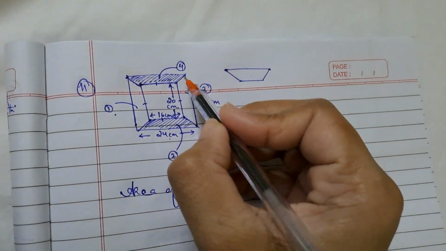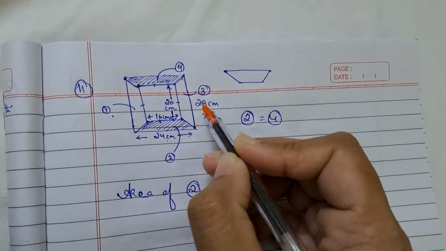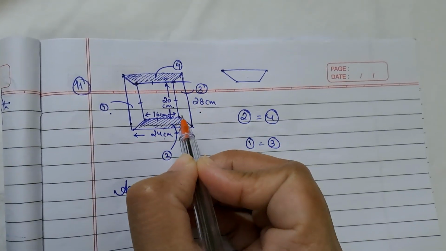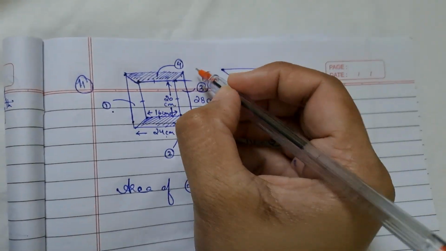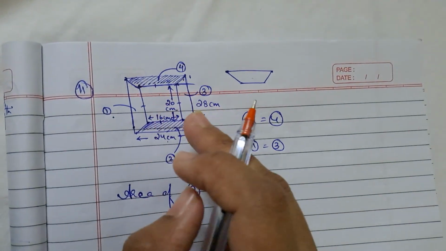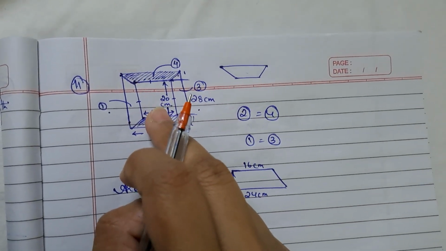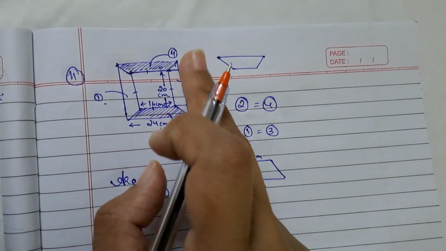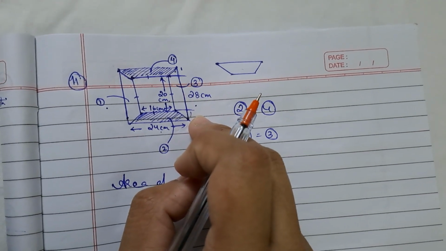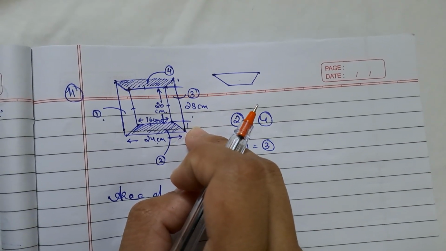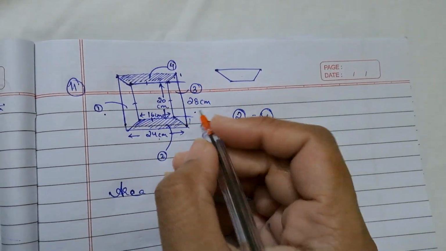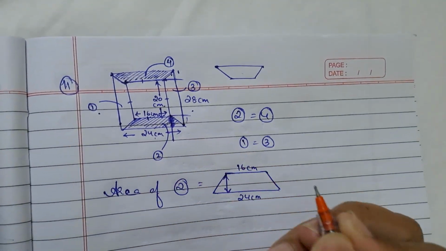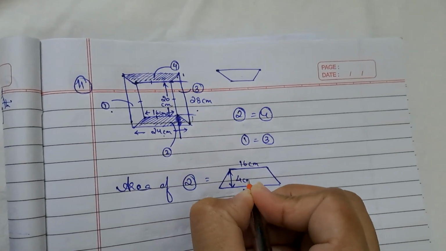To find out that height, I know that the complete height is 28. उसमें से 20 को माइनस कर दिया तो ये चले गया. बस क्या बचा मेरे पास? ये वाला हाइट बचा एंड ये वाला बचा. सो बचा कितना टोटल? 28 माइनस 20 विल बी 8 सेंटीमीटर्स. 8 सेंटीमीटर्स ऊपर और नीचे है तो आधा आधा ऊपर रहेगा, आधा नीचे रहेगा. 8 का हाफ इज 4 centimeters at the top and 4 centimeters at the bottom. So this height here is 4 centimeters.